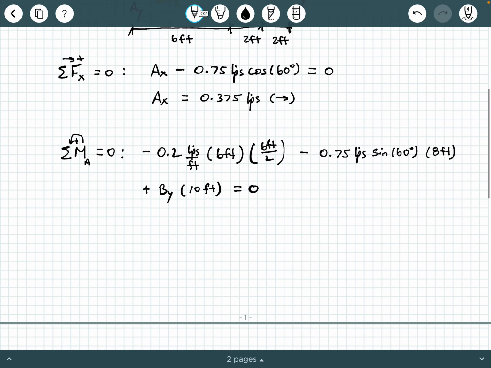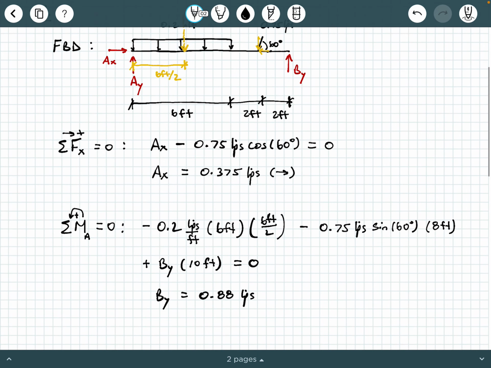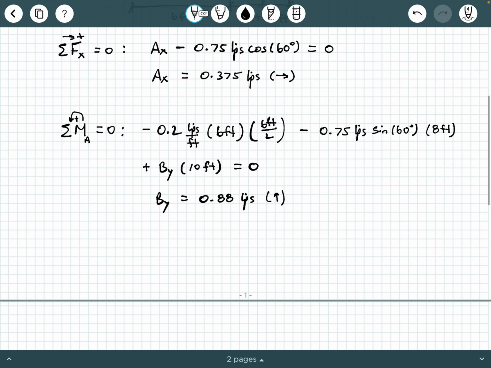So solving for BY here, you should end up getting a positive 0.88 kips. And if it's positive, that means that BY is pointing in the direction that we assumed it to be in our free body diagram, which is in fact upwards, okay? So please pause the video, punch this through in your calculators. Don't just trust me. Check these numbers yourself and make sure you know where these are coming from.